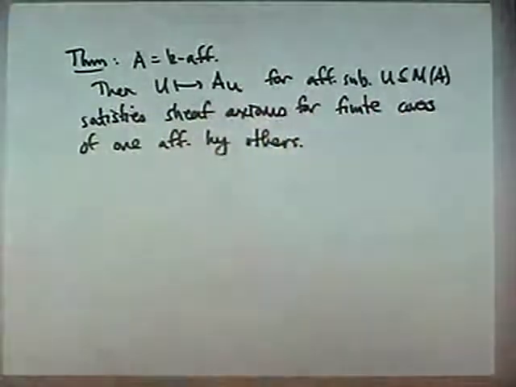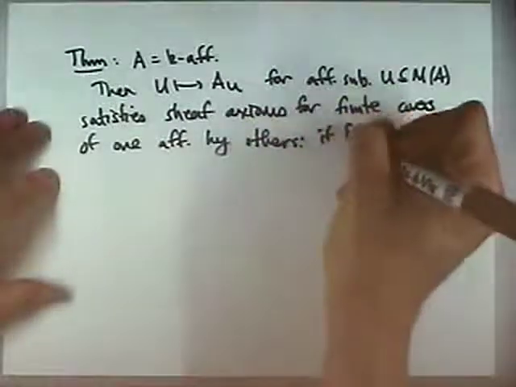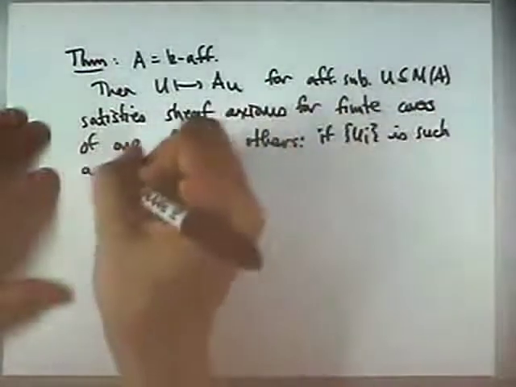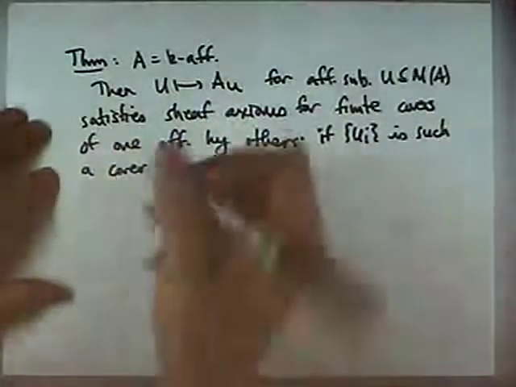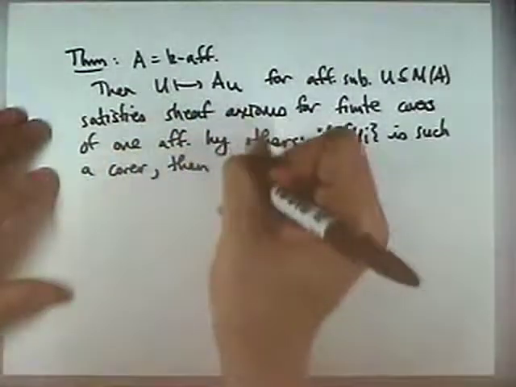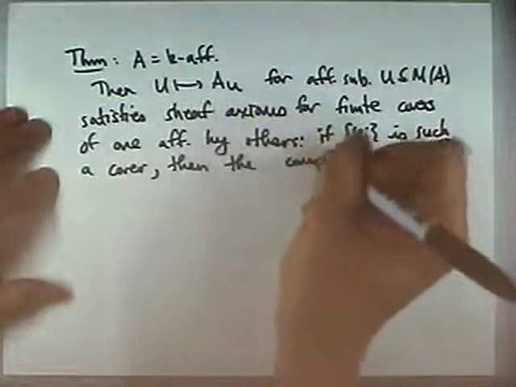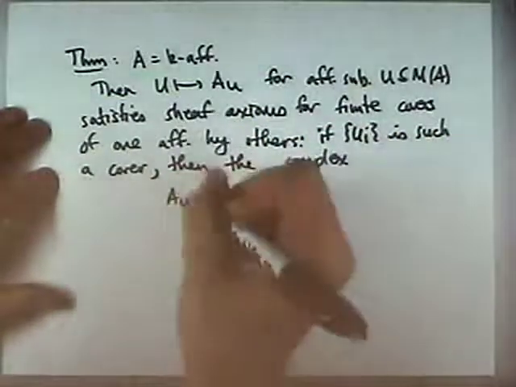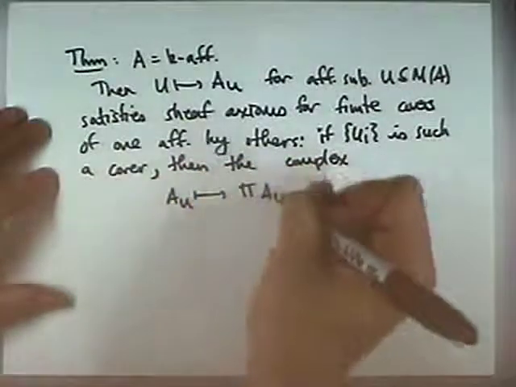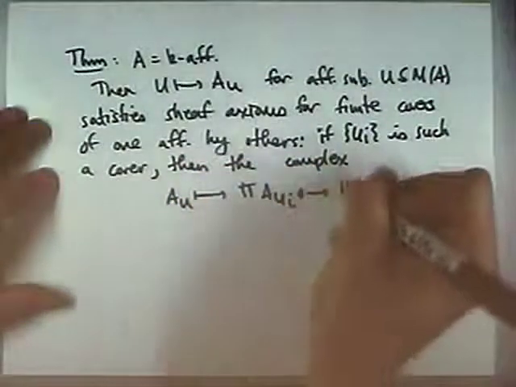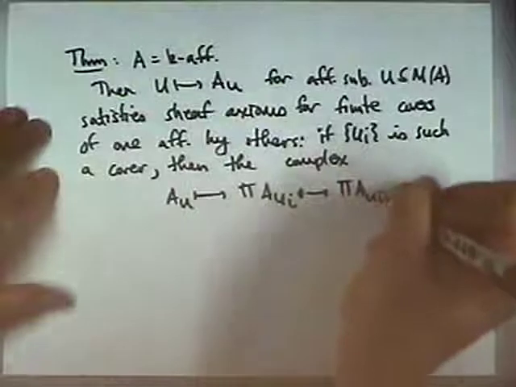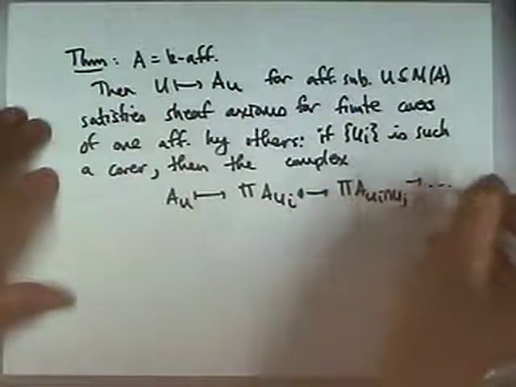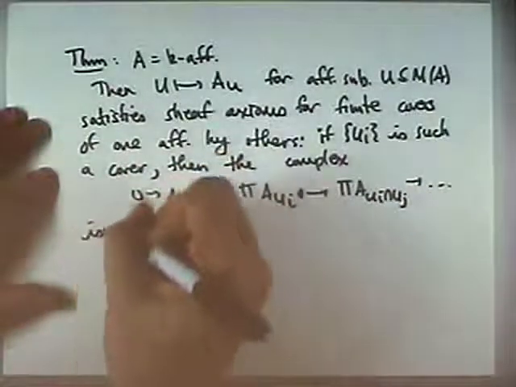Okay? In fact, it says much more. It says that if U_i is such a cover, meaning a cover of one affinoid subdomain by finitely many others, then if you make the Cech complex, starting off with A_U, going to the product of the A_{U_i} by restrictions, going to the products on the overlaps, which are again affinoid, by taking successive differences, and you have triples of overlaps, and so forth, that this is an exact sequence.